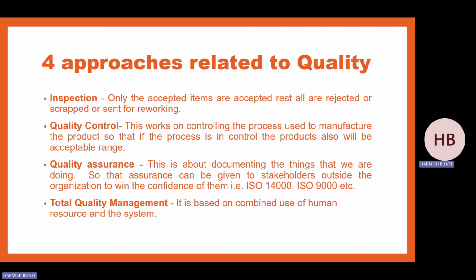Then quality assurance is about documenting the things that we are doing during production, so that assurance can be given to stakeholders outside the organization to win their confidence. Examples of quality assurance are ISO 14000 and ISO 9000 kinds of ratings. So with quality assurance, basically we are doing the paperwork of how the process is done.